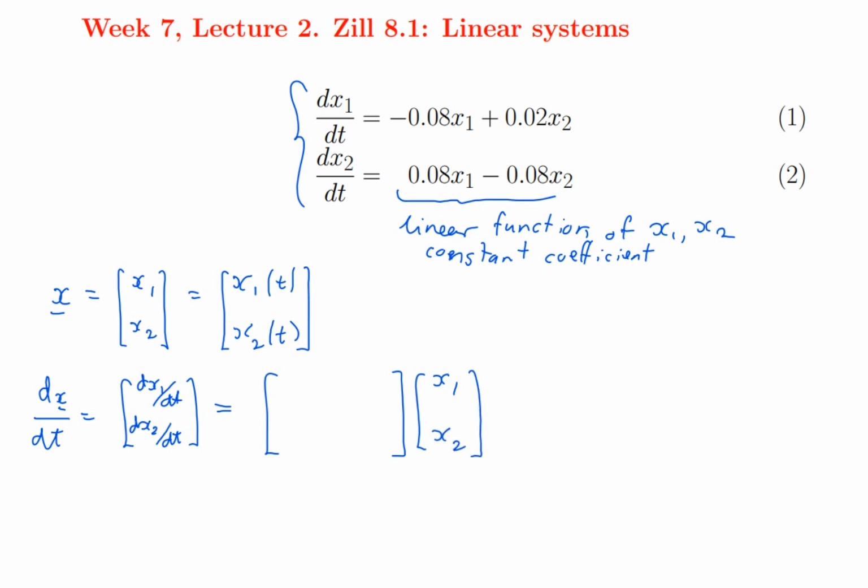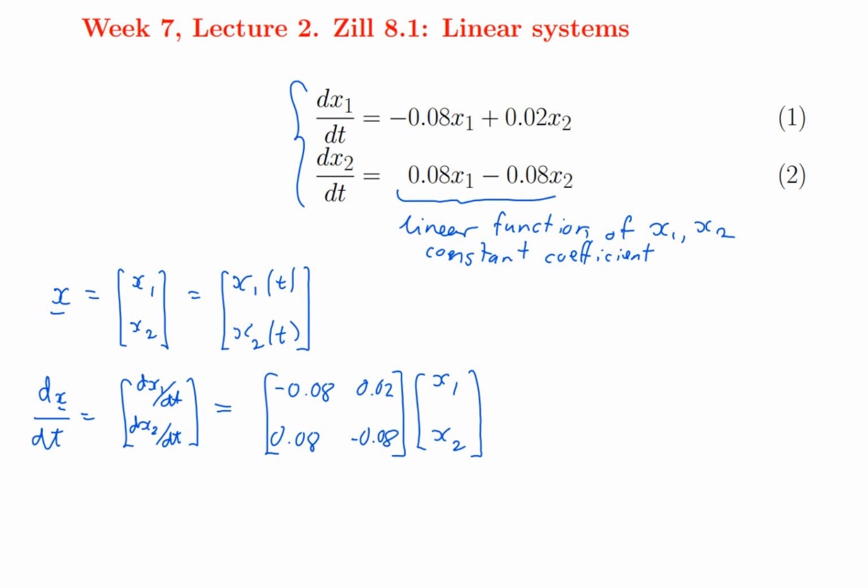If you remember how to do matrix multiplication, this is just a matter of reading off the coefficients. So it's going to be minus 0.08, 0.02, 0.08, minus 0.08. So I get a 2 by 2 matrix times a column vector with two components.